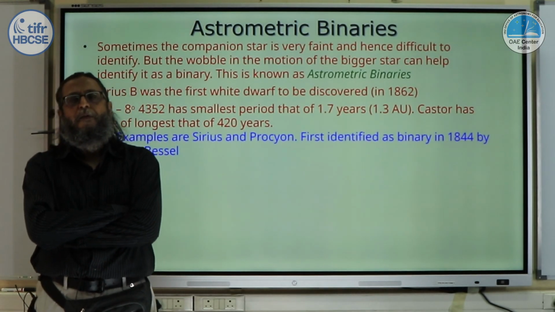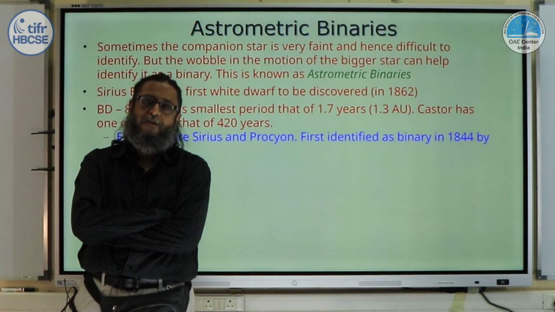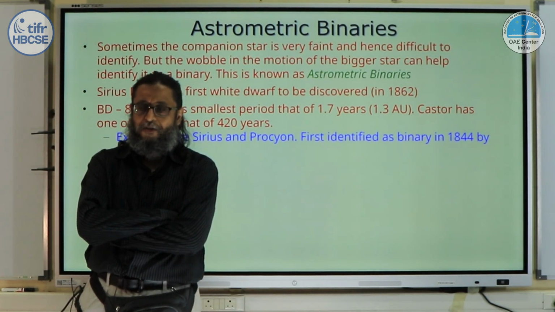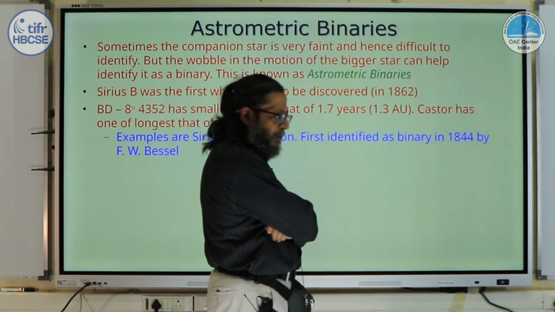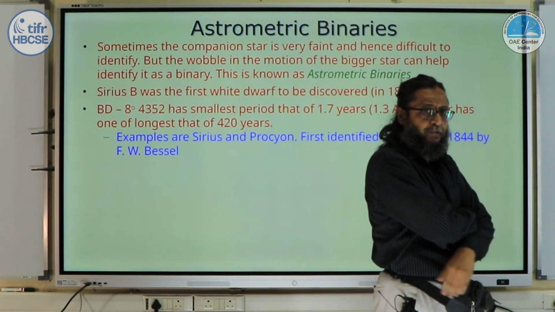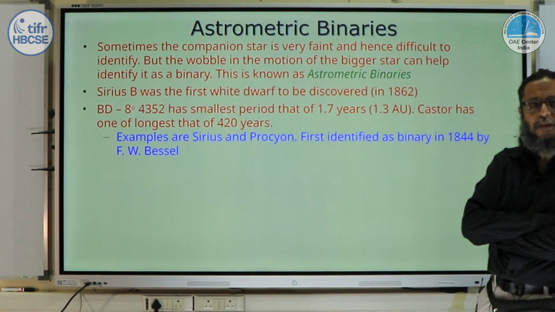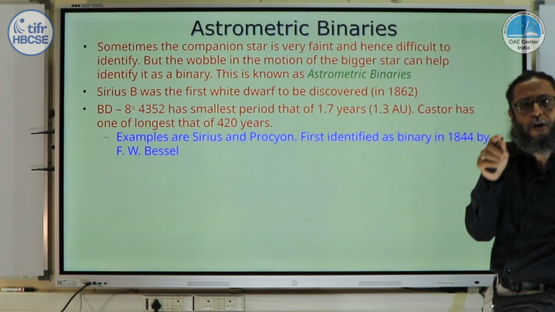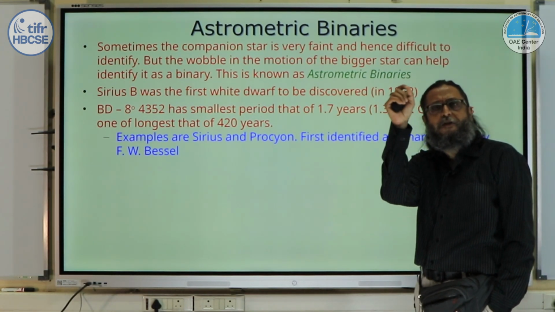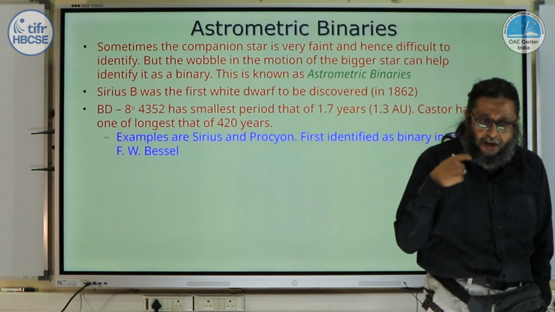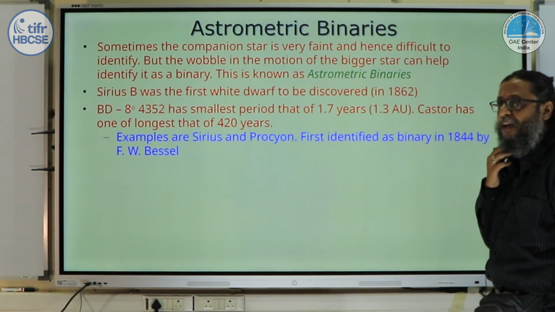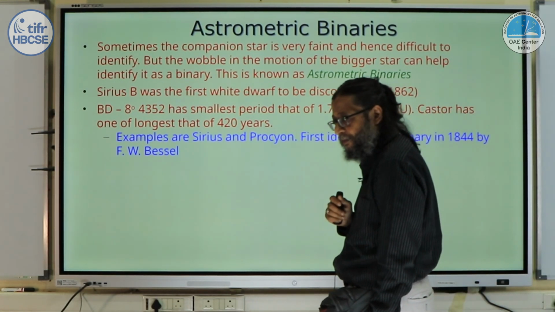Now we will come to the next class of binary stars, the astrometric binaries. You might have seen in the visual binaries, if you have seen that video before, that you are able to resolve the two bodies spatially. You can see both of them together. In astrometric binaries, it is not always the case.